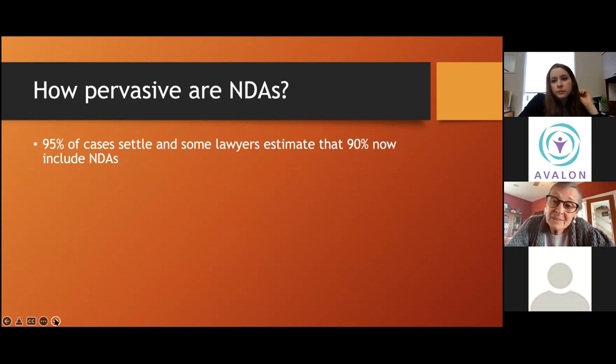So 95% of cases settle, and that's not in itself a bad thing, unless you get an exploitative agreement, which an NDA would be. And the other part to add on to this is that a number of lawyers now who work in this area estimate that 90% of those settlement agreements now include NDAs.